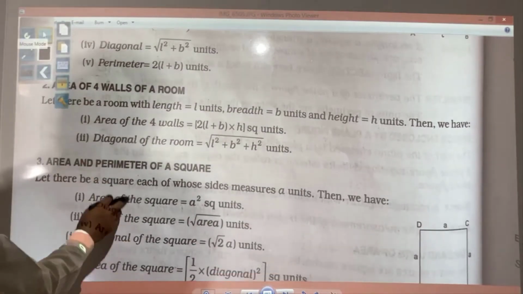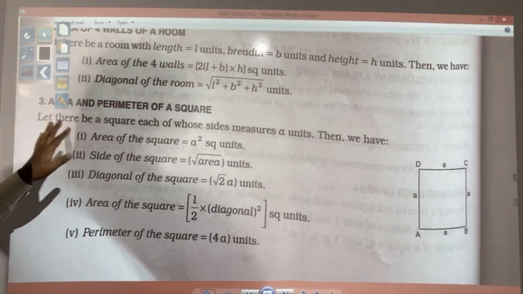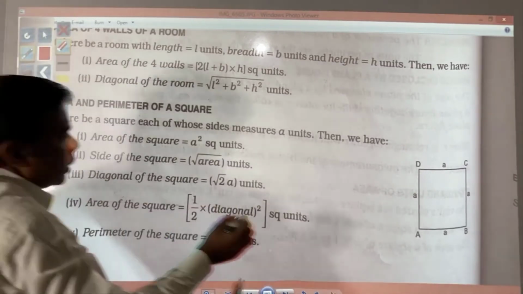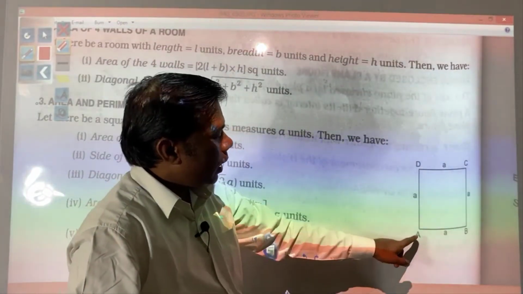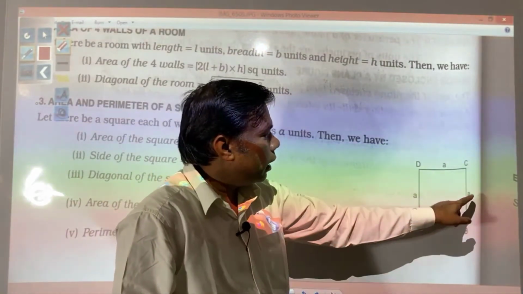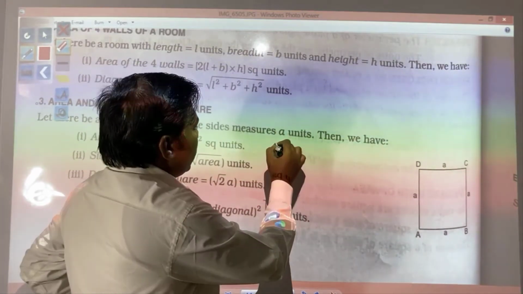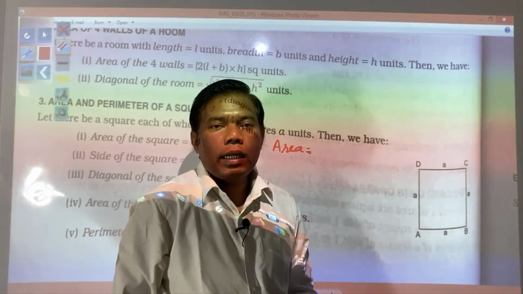I hope you understood area and perimeter of a rectangle. Now you see area and perimeter of a square. This is also very easy. Suppose this figure has been given, square A, B, C, D. You have 4 sides, all sides equal to A. If you need to find the area, it will be length into breadth as in a rectangle.